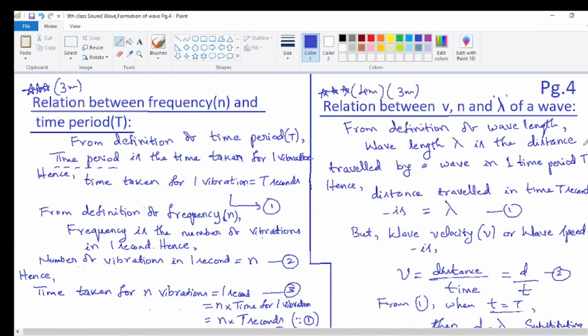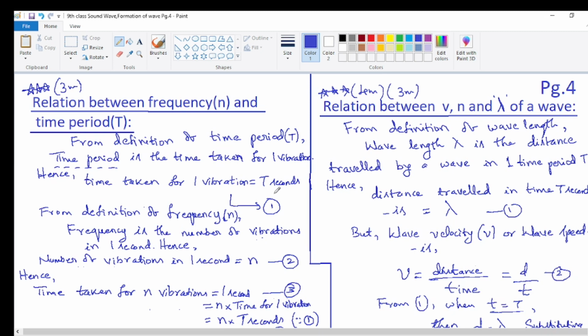Next page 4. On page 4, 2 derivations are there. They are simple. Because they carry 3 marks to 4 marks, the entire derivation should be learned. They are very simple steps directly based on the definitions. Just by learning definitions, everything becomes very simple. Definitions are obtained from where? Already we have seen, always in science and technology, definitions are obtained from the real life situation.